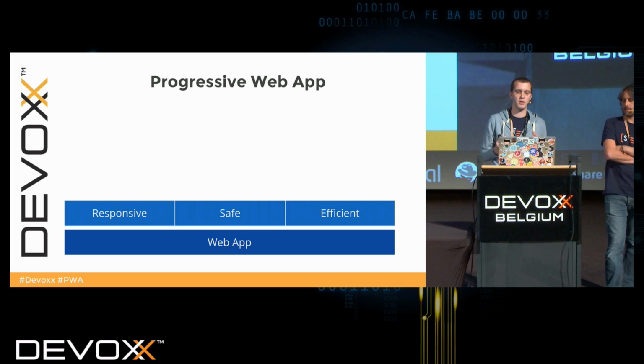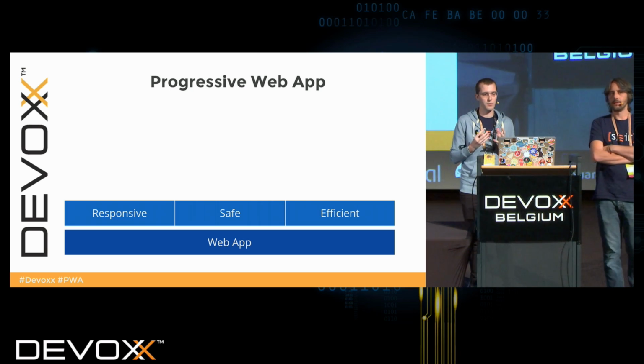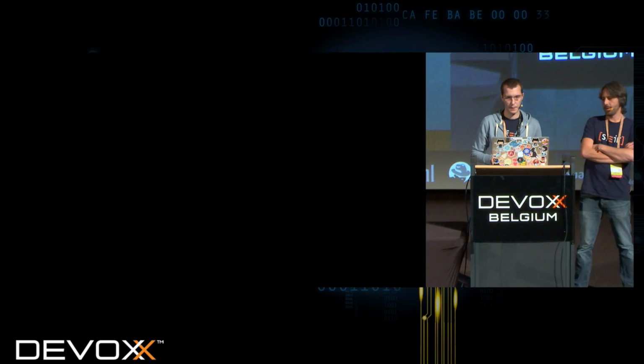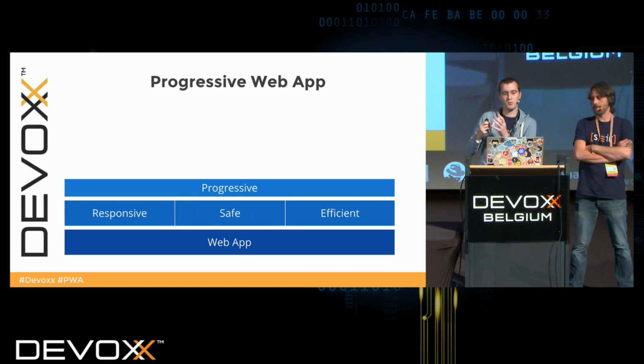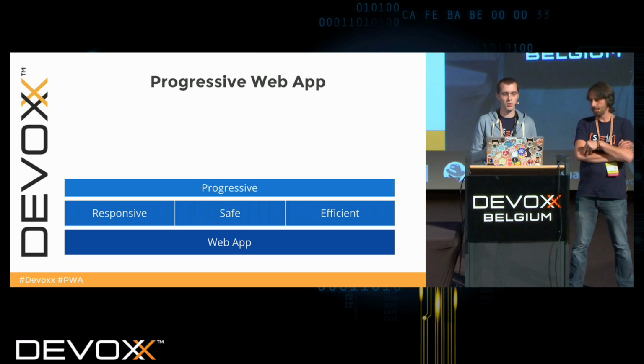And it's efficient. This is a very important point, because we want to be like a native app, so we must be very performant. It's progressive, another very important point, because for all users, regardless of the browser, the app must run perfectly.